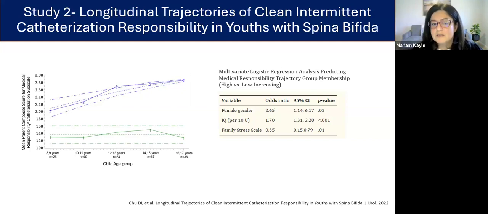Some patients, for example those with a higher lesion, lower IQ scores, a stressful family dynamic, or female versus male, might have higher odds of not being able to completely transition to independent catheterization.